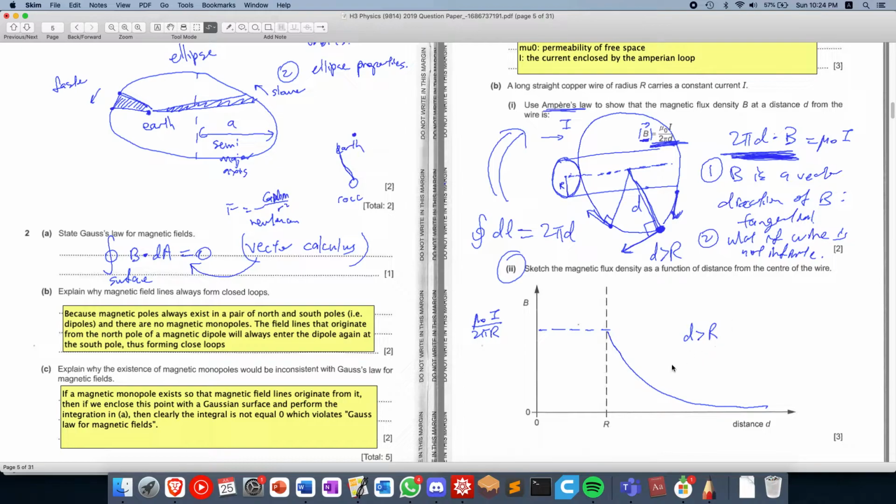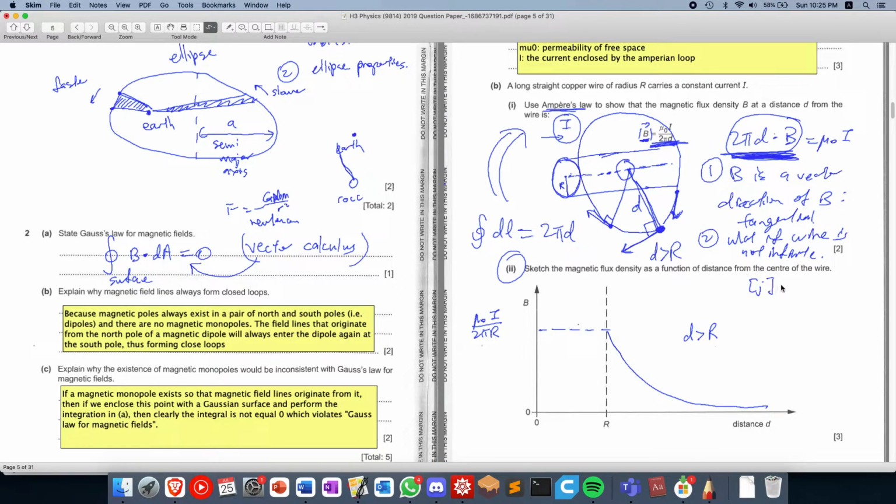We need to choose the Amperean loop to be inside the wire. What's the difference over here? It is still 2 pi D, but less current flows through. If the current flows through evenly, we're talking about a current density J dA.